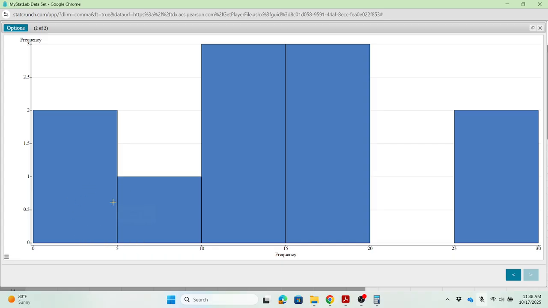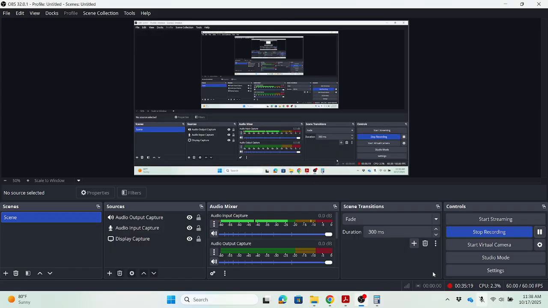Here they change the scale for the X, but I want to flip it. Let me give it a couple of seconds.